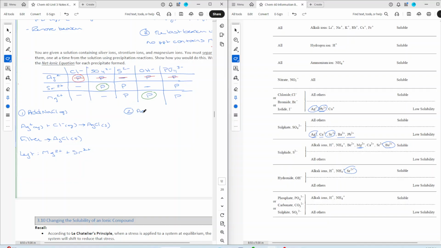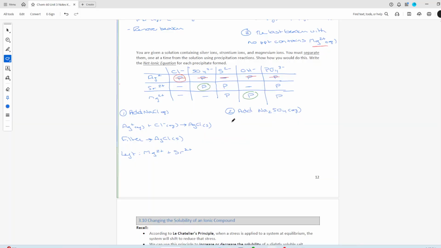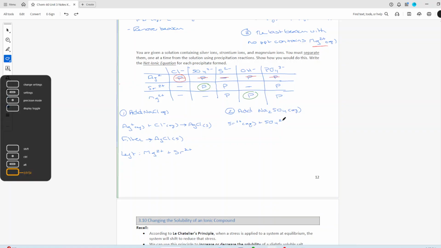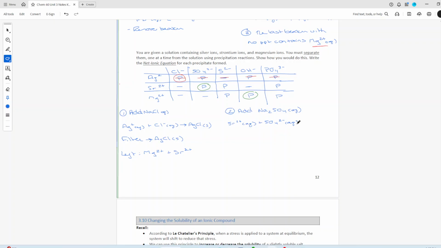So let's add sodium sulfate. If we add sodium sulfate, what's going to happen is that the strontium ions are going to combine with the sulfate ions to form strontium sulfate, solid.